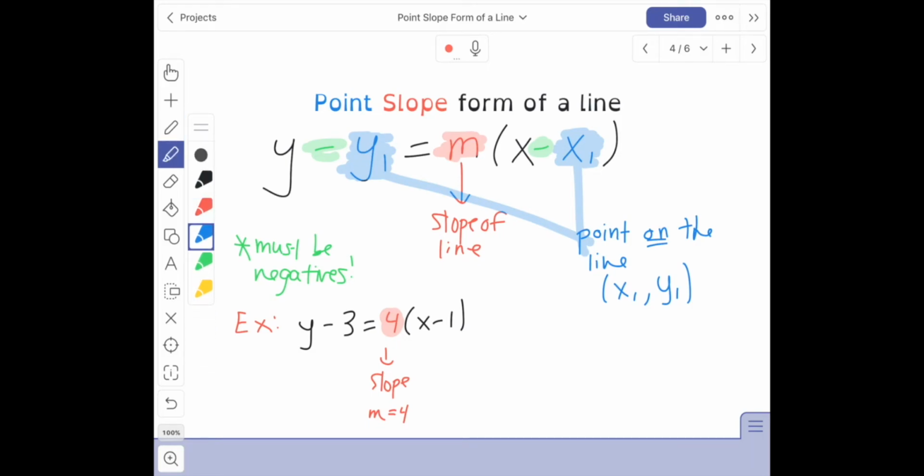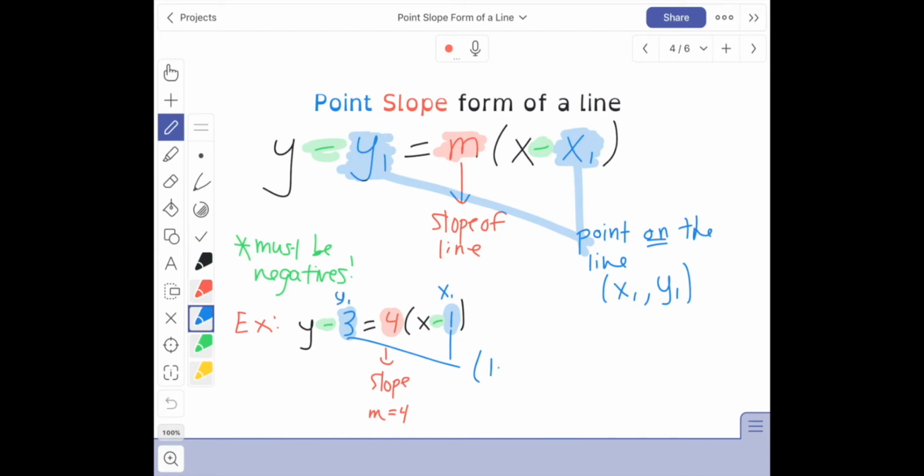Now to get the point that's on our graph, 1 and 3. So again, we note that it has to be a minus in front of them. So there's a minus sign in front of the 3 and there's a minus sign in front of the 1. So our point that's on the line, the x value of that point is going to be a 1, and then the y value of that point is going to be a 3.